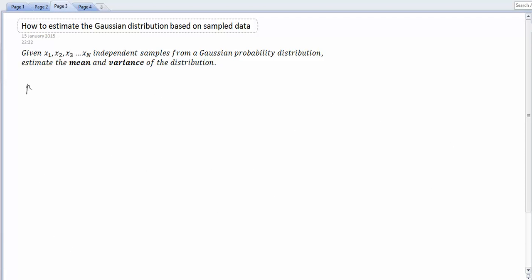So p of xi, now we are assuming that it's the Gaussian distribution. So it's N of xi given mu maximum likelihood and sigma squared maximum likelihood, which is equal to, now this is the formula.